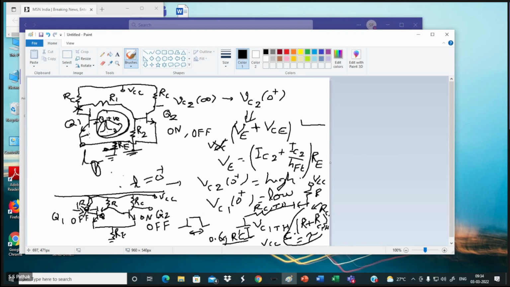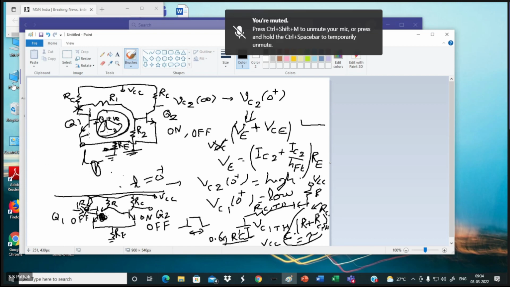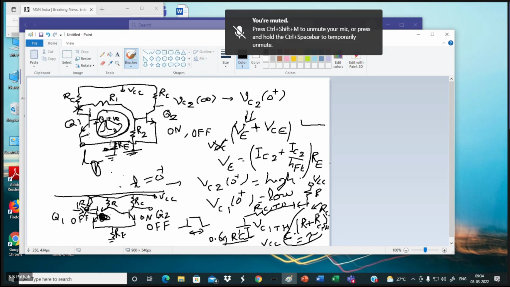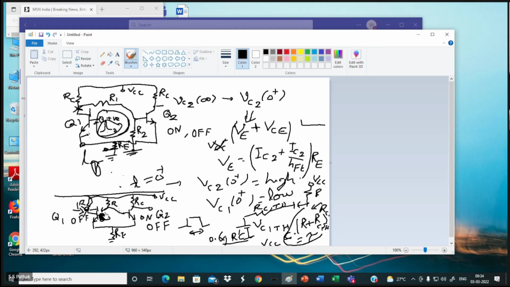Same thing here also, the base of the first transistor is kept open, and this helps us avoid getting a feedback from the output here, which would enhance your delay and affect the circuit's output values also.